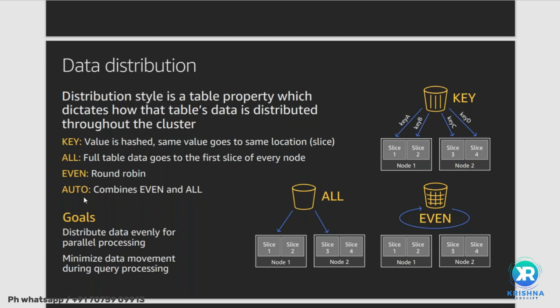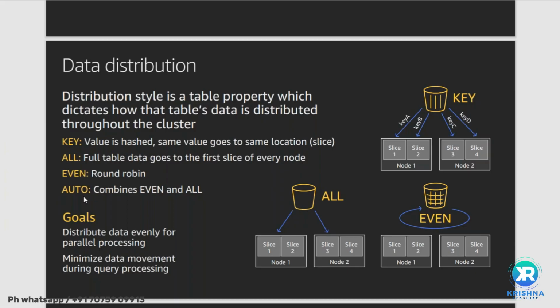Now auto. Yesterday you asked which is most used. Actually, key is used. Then, if it is a small table, all is used. Let's say you don't know what the column is and how unique it is, and you don't even know how big the table will be. At that time, you can define auto.